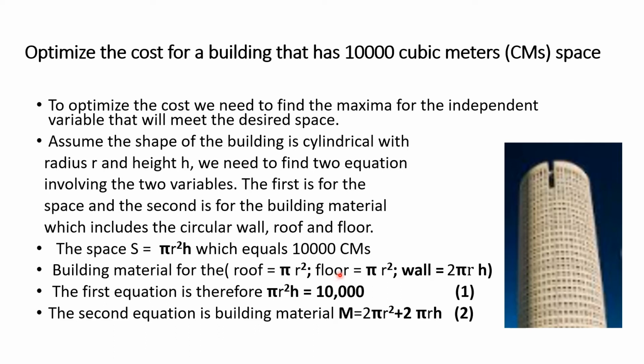The floor also has the same area. We're assuming the cost for both of them are equal. And the wall could be given by 2 pi r, which is the circumference, multiplied by the height, and that will give us the material for the wall.